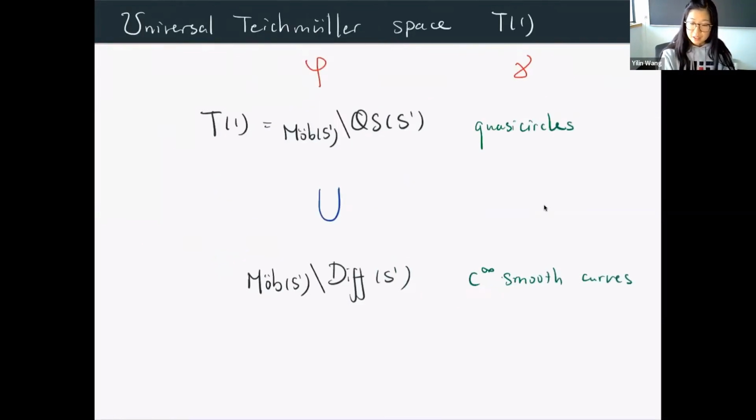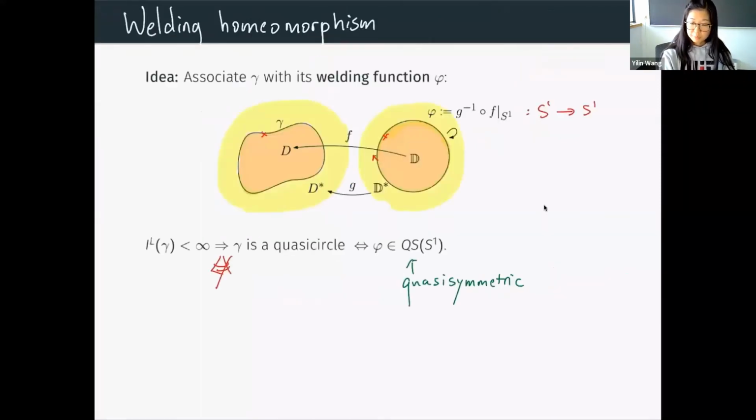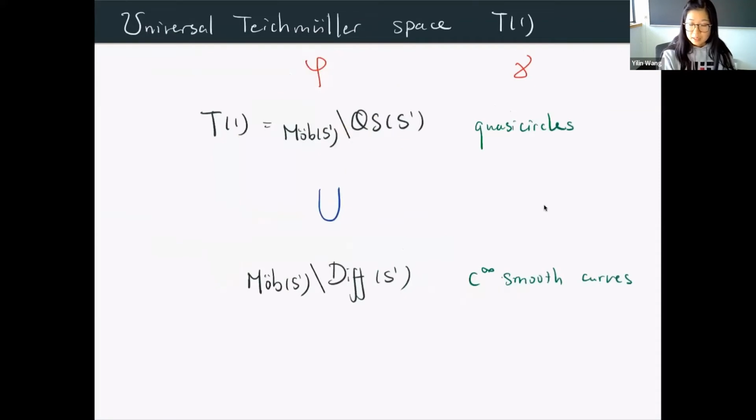If one looks at the space of the quasi-symmetric homeomorphisms of the circle, it is a group, and the Möbius transformations of the circle are all the Möbius transformations which preserve the circle, or the unit disk, as a whole set. And this quotient of the quasi-symmetric group by the Möbius transformations of the circle is called the universal Teichmüller space.